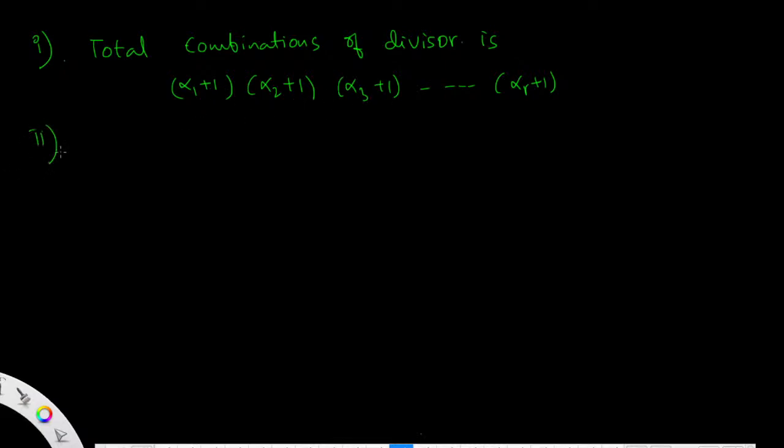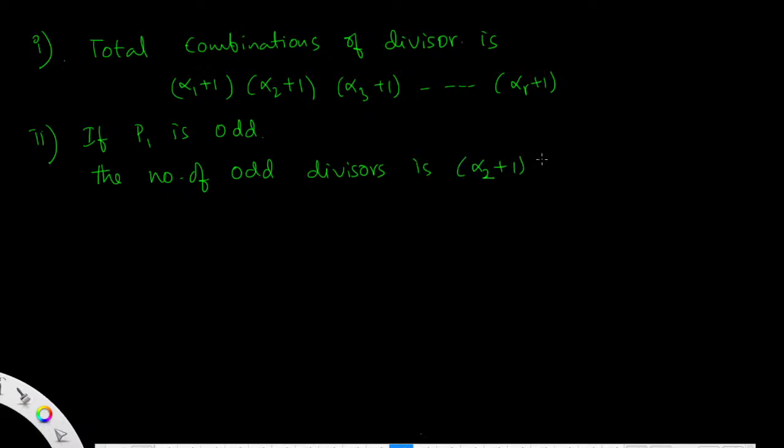And then the second formula: if p1 is odd, then the number of odd divisors is alpha 2 plus 1 into alpha 3 plus 1 into alpha 4 plus 1, and so on up to alpha r plus 1. You start with alpha 2 plus 1; alpha 1 you don't take.